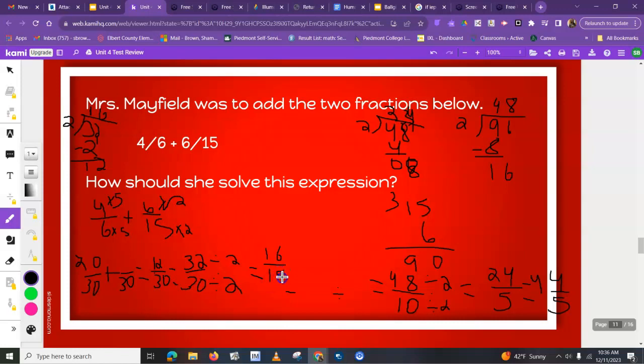So that's going to be 16/15, and that's an improper fraction, so I need to turn it into a mixed number. How many groups of 15 can I get out of 16? I can get one whole group, and I'll have a remainder of 1, so that'll be 1 and 1/15. If you don't know how to do that, you could just divide 16 by 15. So I could do this.